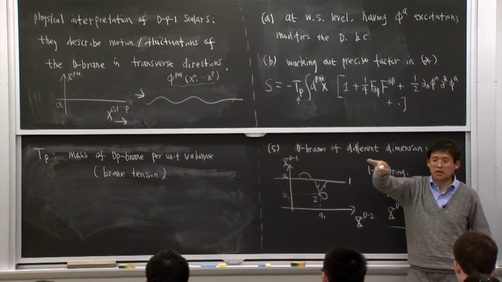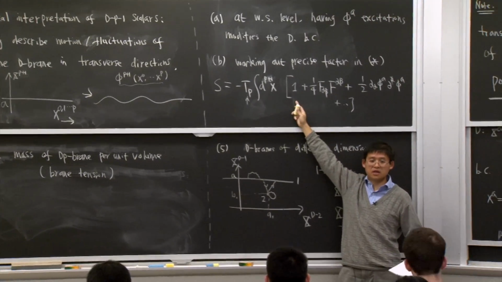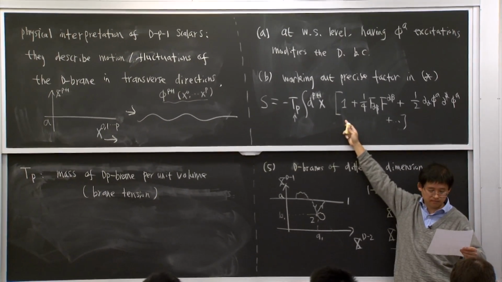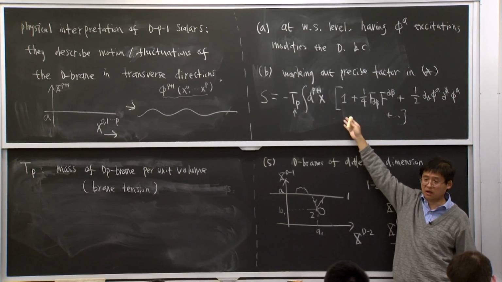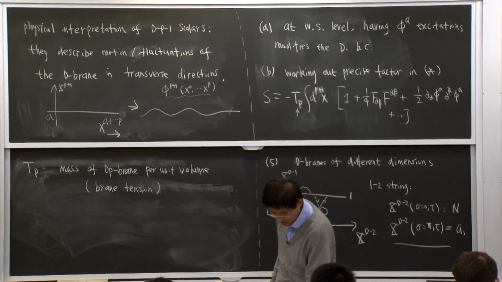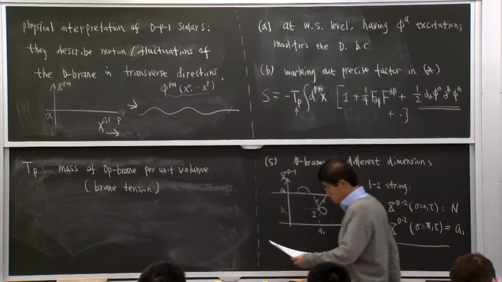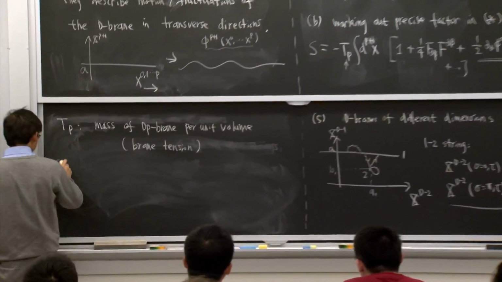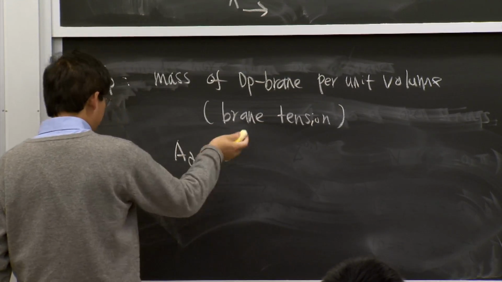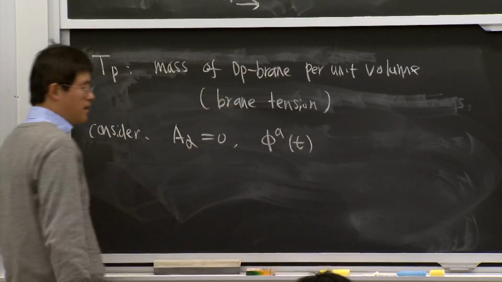Now if you look at this equation, this one is just like a static mass term. You also find this one in the Lorentz effective action. So this one is like a static term. Now consider the situation in which A alpha is equal to 0, so you don't have any excitation of the vector field, but phi A only depends on t, only on the time.